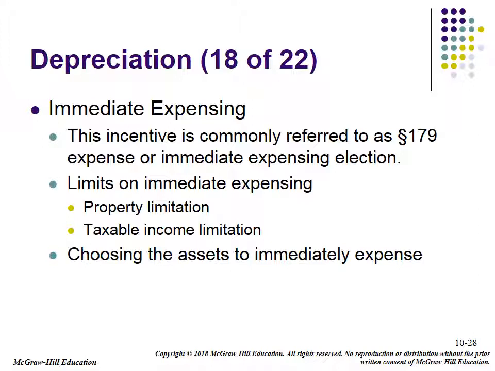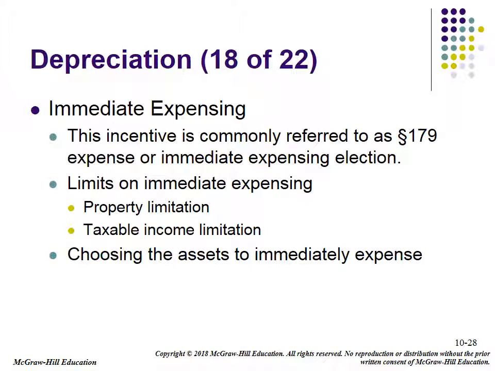It's in the middle of the page in the immediate expensing 179 paragraph, about halfway down. It says, however, under Section 179, businesses may elect to immediately expense up to $1 million of tangible personal property. Businesses can also use immediate expensing for off-the-shelf computer software and qualified real property, which is defined down in your footnote.